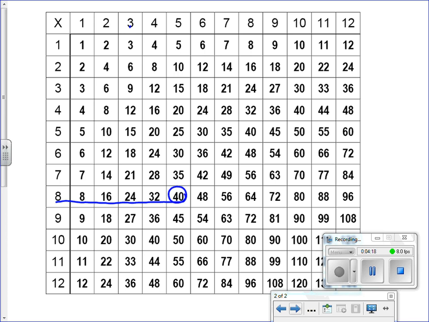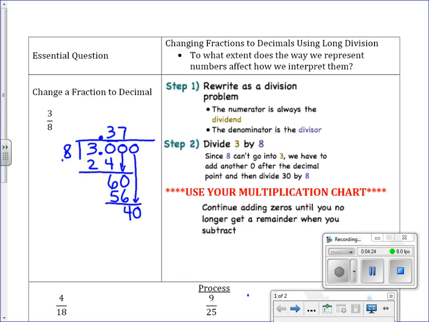Here's my 40 right here. So 8 times 5 gives me 40. So I'm going to go ahead and say 5. 5 times 8 is 40. Since 40 minus 40 is 0, my answer is going to be 0.375. We want to keep that 0 in front of the decimal as our placeholder.